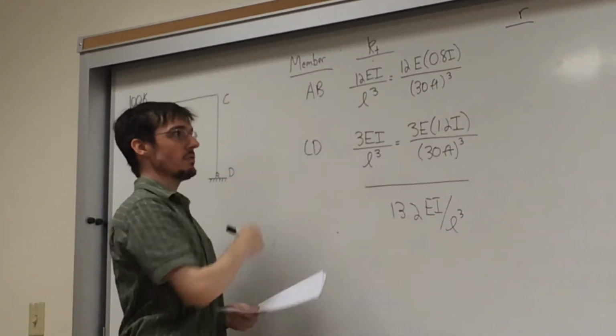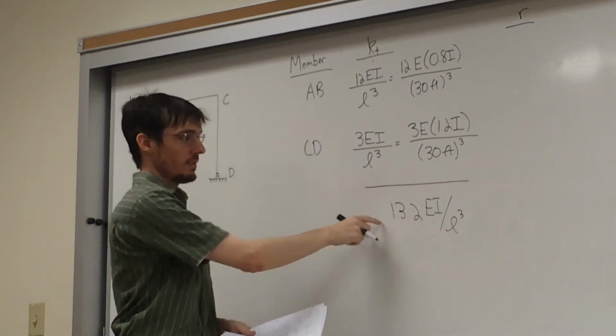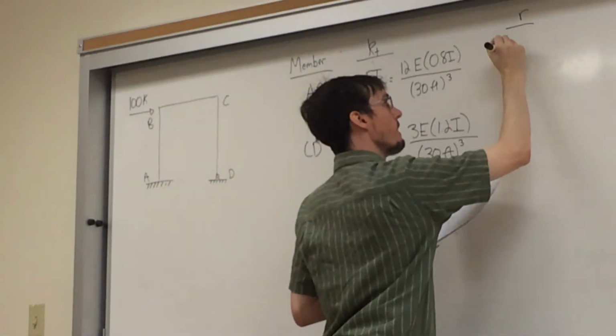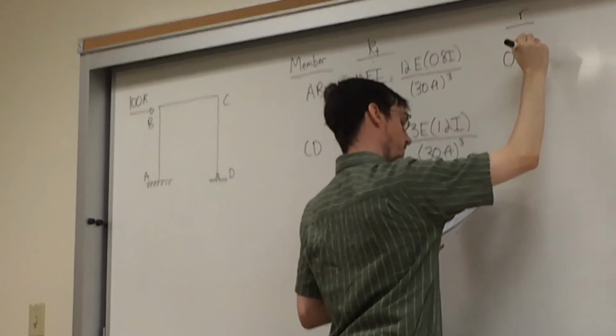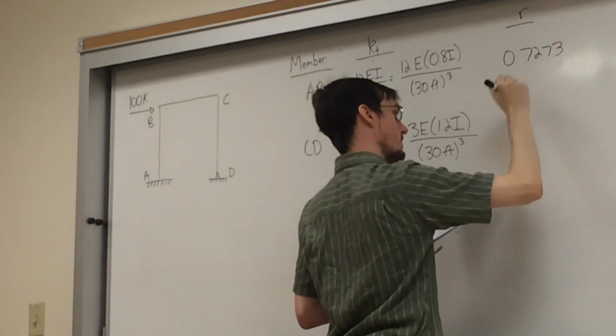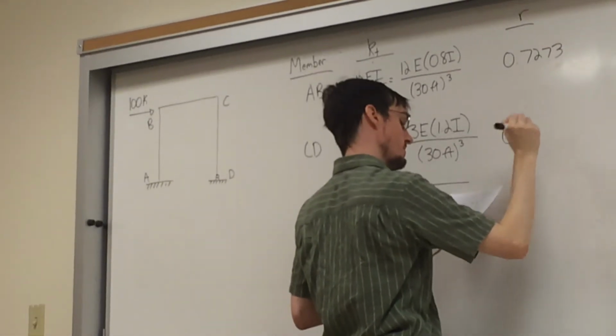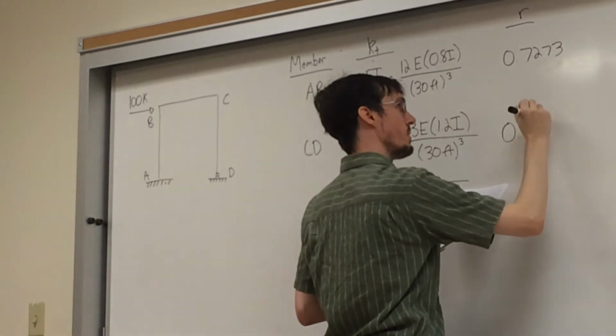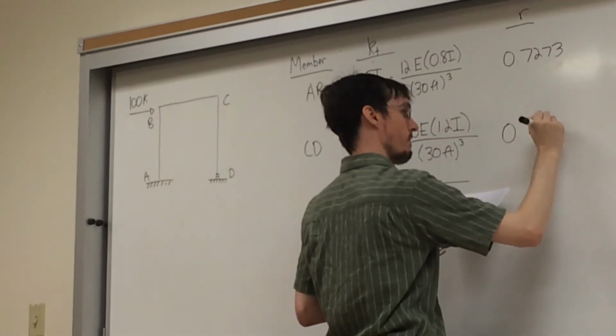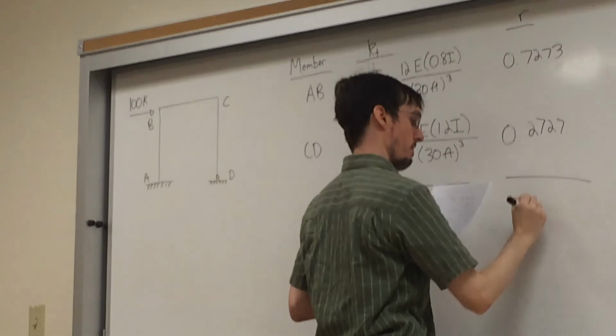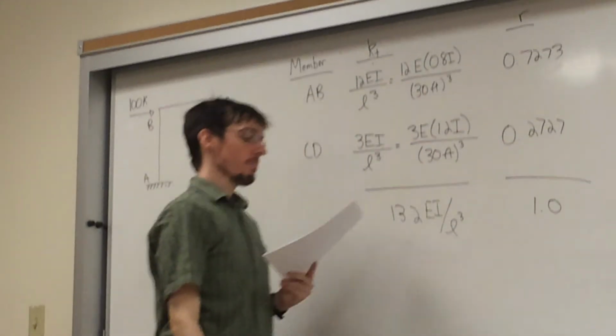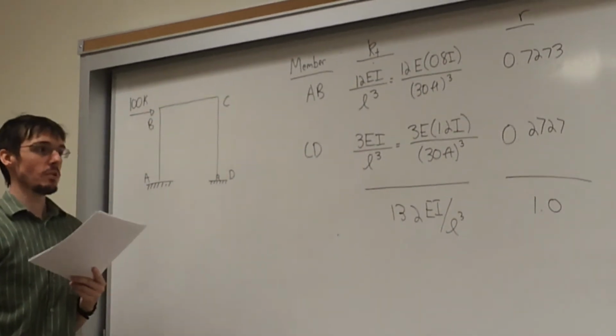But how much stiffness the first one has relative to the total? About 72% versus 27%. And of course, those sum to 1.